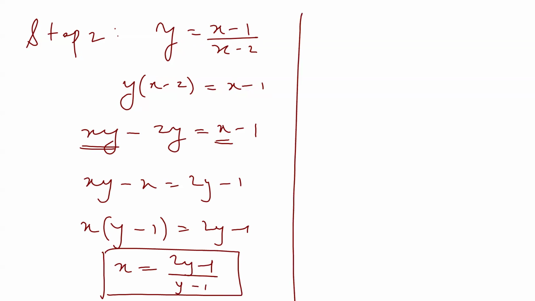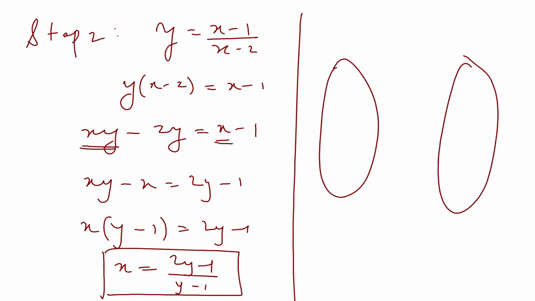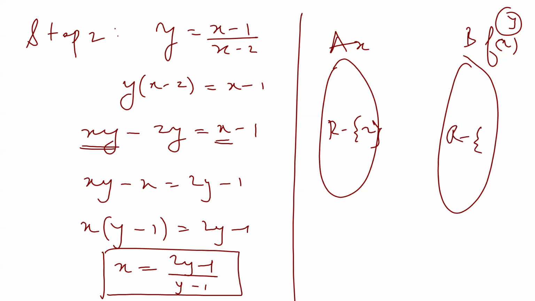Now analysis: A has x and B has f of x. f of x is nothing but y. The mapping over here is from A, real numbers except 2, 2 is not allowed, and here is real numbers except 1, 1 is not allowed for the value of y. So this is the mapping.